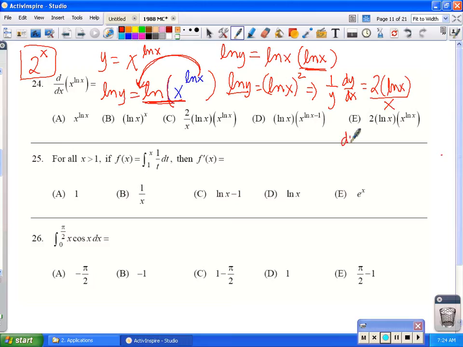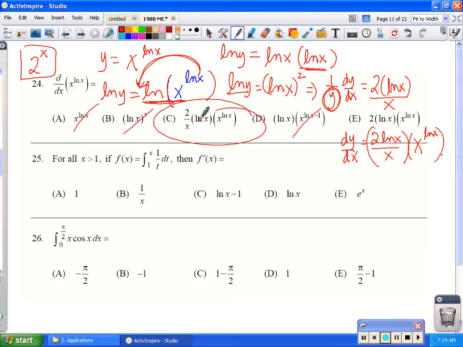And then the last step is to get dy dx by itself. So I have 2 ln of x. I would multiply both sides by y, and the original y was x raised to the ln of x. So that knocks out this one, that knocks out this one and this one. So the answer is letter C.